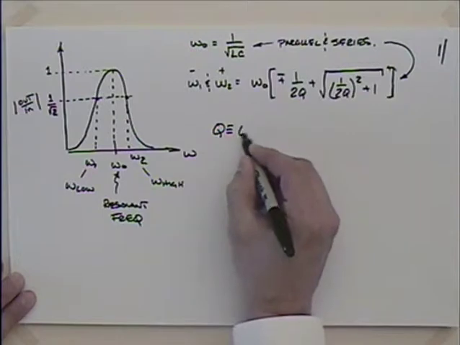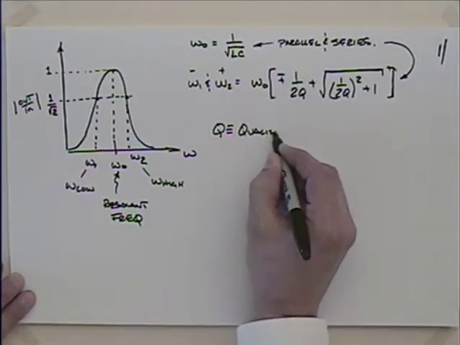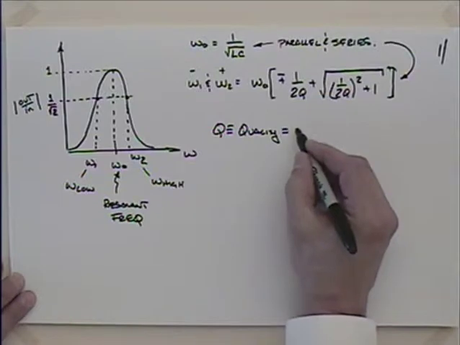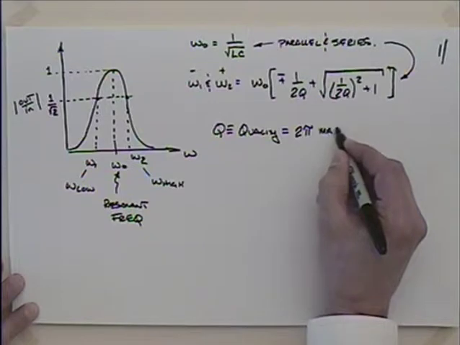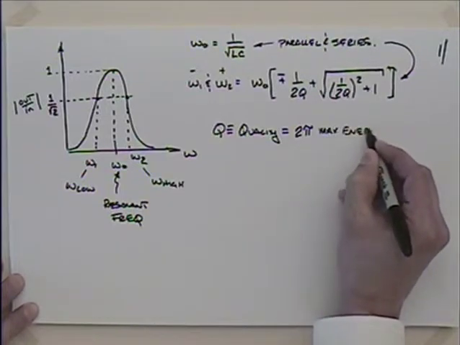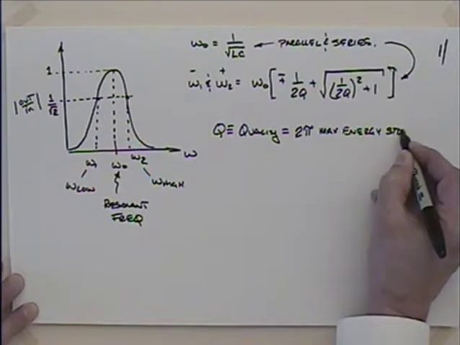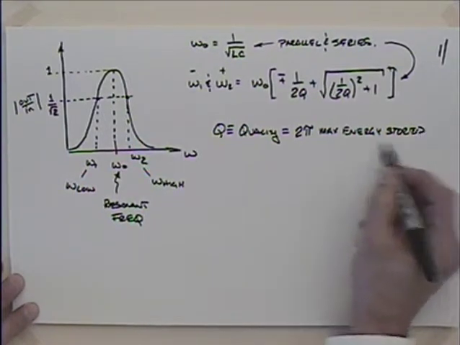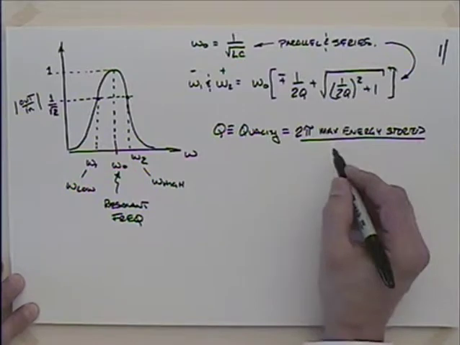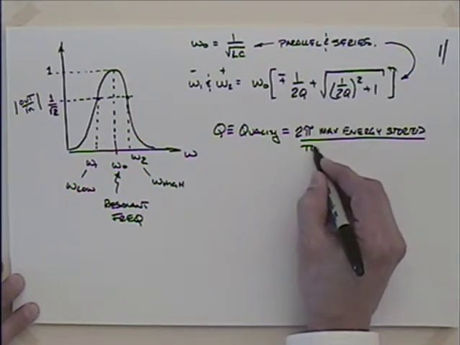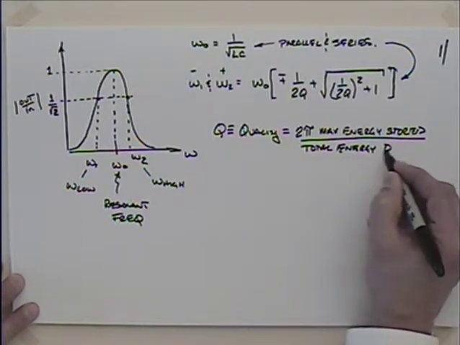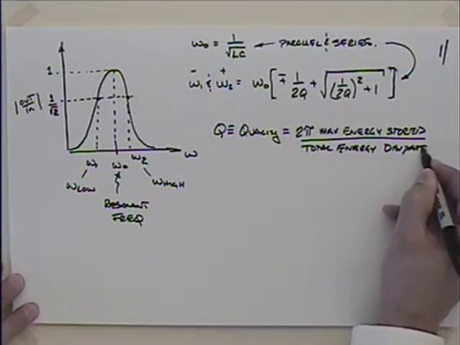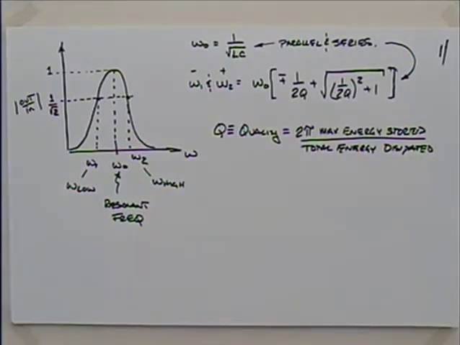Q is defined as the quality, which we could say was 2 pi times the maximum energy stored divided by the total energy dissipated. Okay, and while that defines quality, I don't know that I've ever calculated quality using that.